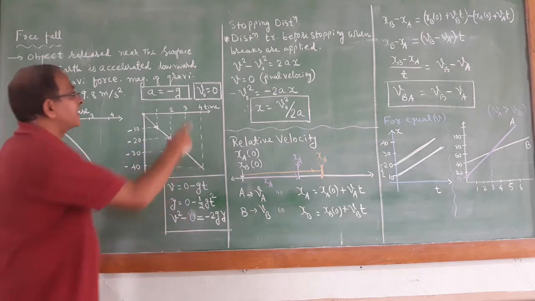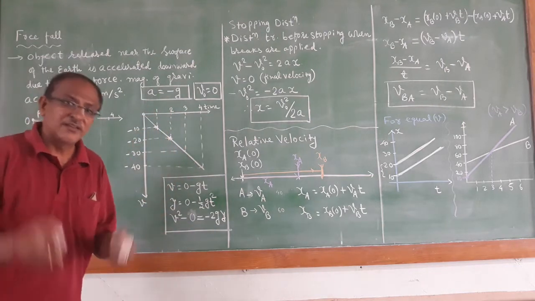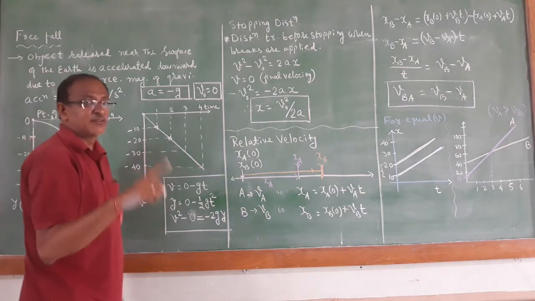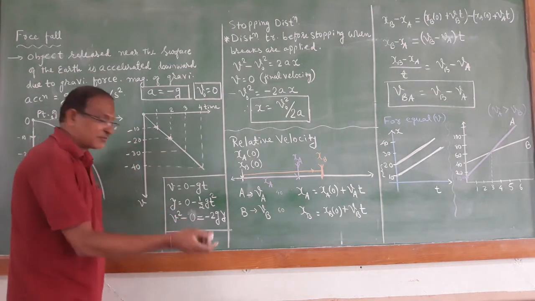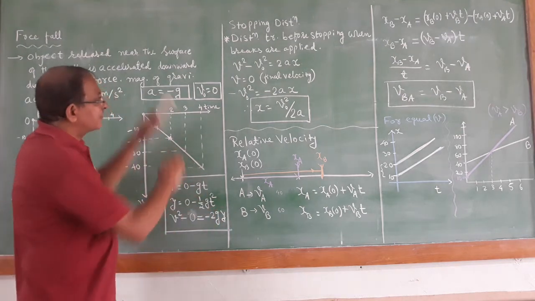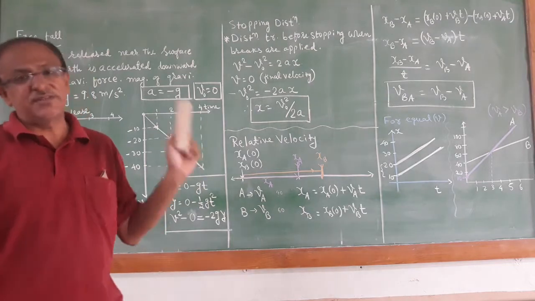Here a is replaced by minus g and v0 is replaced by 0. Similarly, v square minus v0 square is equal to 2ax. So here v square minus 0 is equal to minus 2gy. These are the equations for the free falling body.